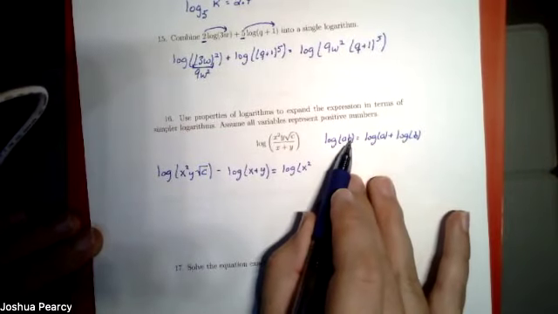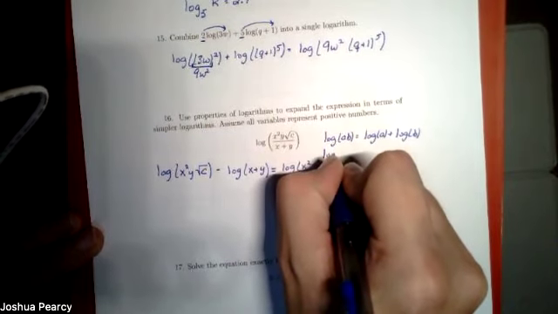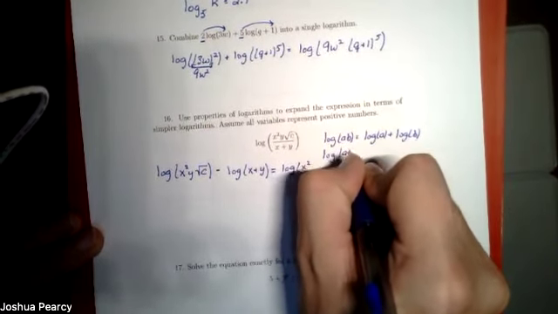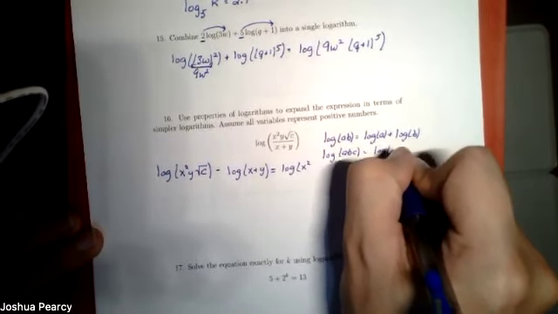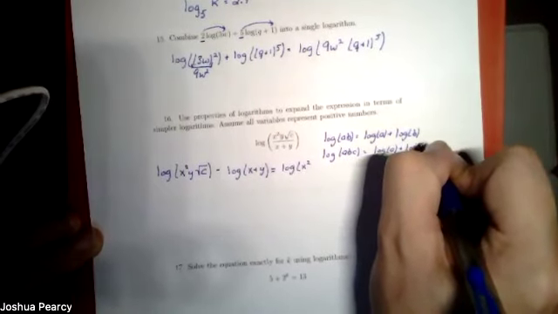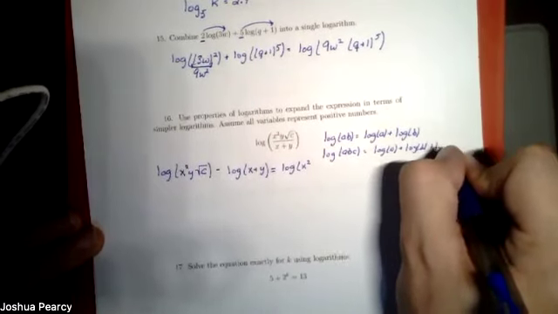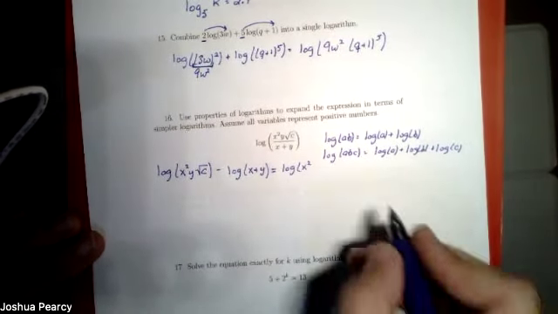What if I take c and also put it in here? Log of a, b, c is equal to log of a plus log of b plus log of c. We just add on that last piece. So we're going to use that idea here.